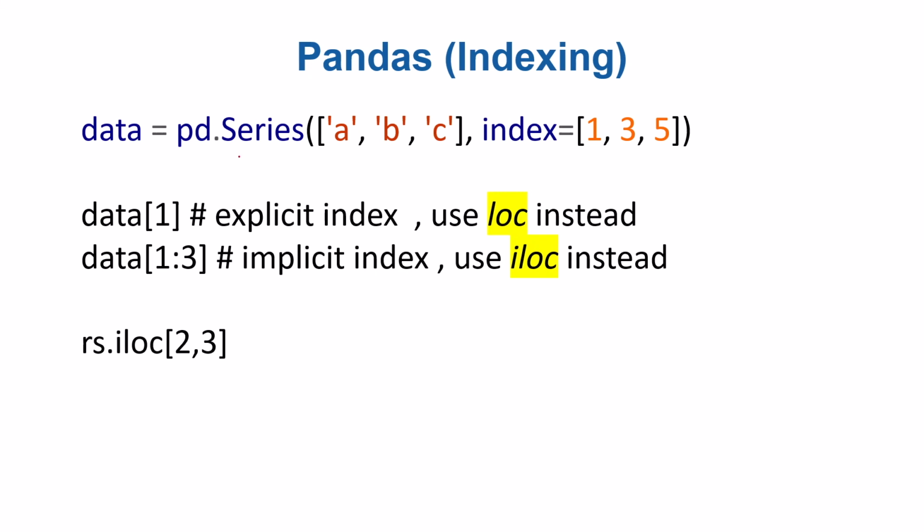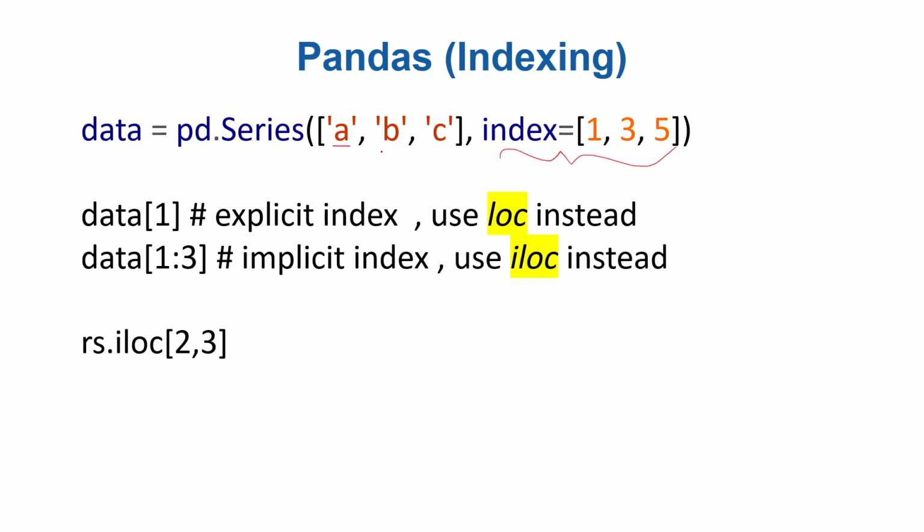Okay, in the previous video I mentioned a confusion that can be there if you have supplied explicit indices that can conflict with implicit indices. In particular, for example, if this is a series object, or maybe a data frame object, let's just think about the series object.